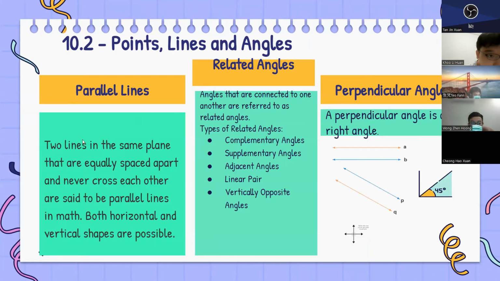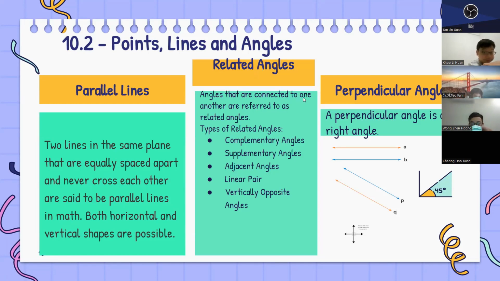Parallel lines are two lines in the same plane that are equally spaced apart and never cross each other, said to be parallel lines in math. Both horizontal and vertical shapes are possible. Related angles.